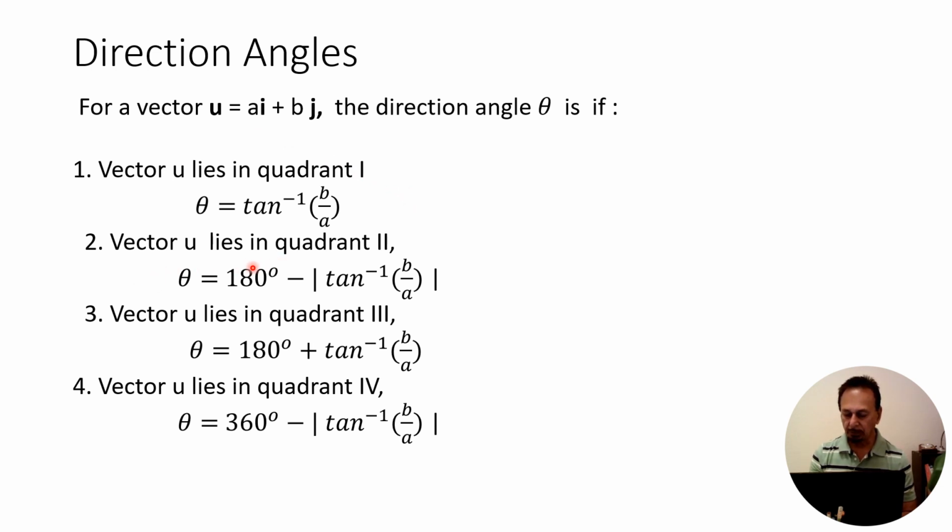If vector u lies in quadrant 2, then the direction angle would be 180 degrees minus tangent inverse b over a. If the vector u lies in quadrant 3, then theta would be 180 plus tangent inverse b over a. If vector u lies in quadrant 4, then theta would be 360 degrees minus tangent inverse b over a.